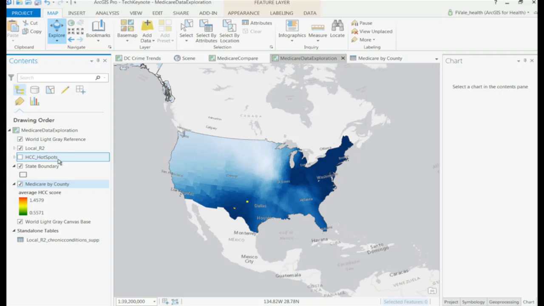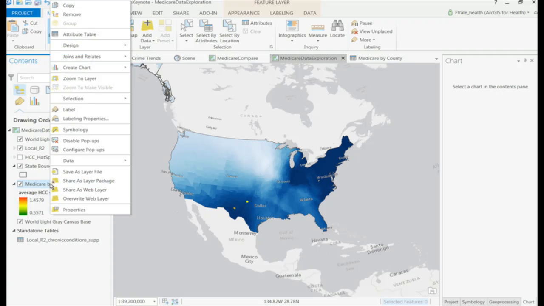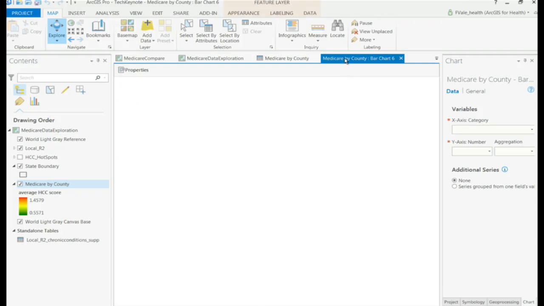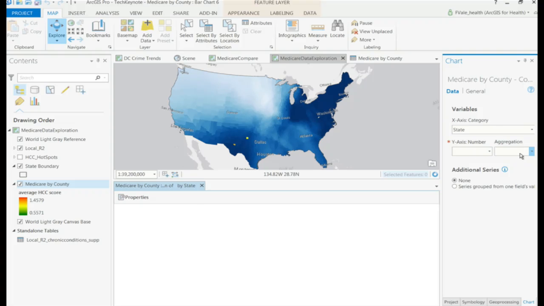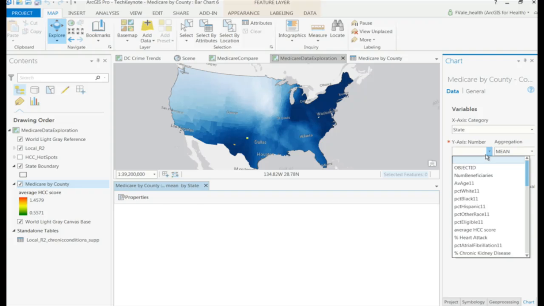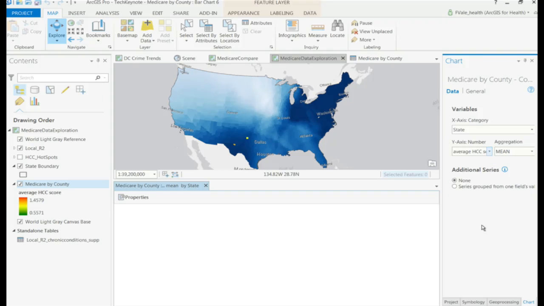I might also want to summarize these counties by state and see how states are comparing to each other. And I can do that by creating a bar chart. Using this bar chart, I can summarize by state, and I'm going to take a look at the average HCC scores by state.